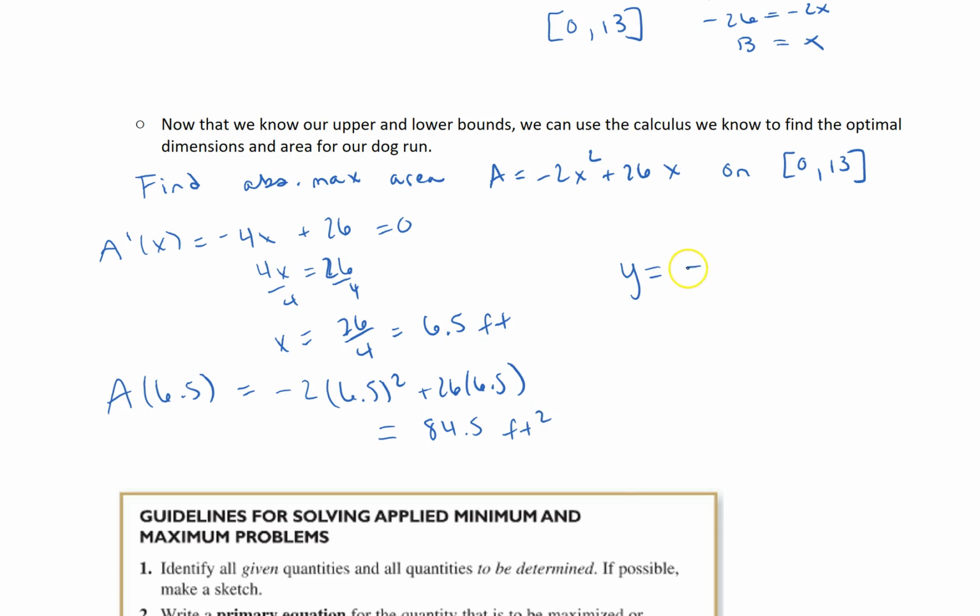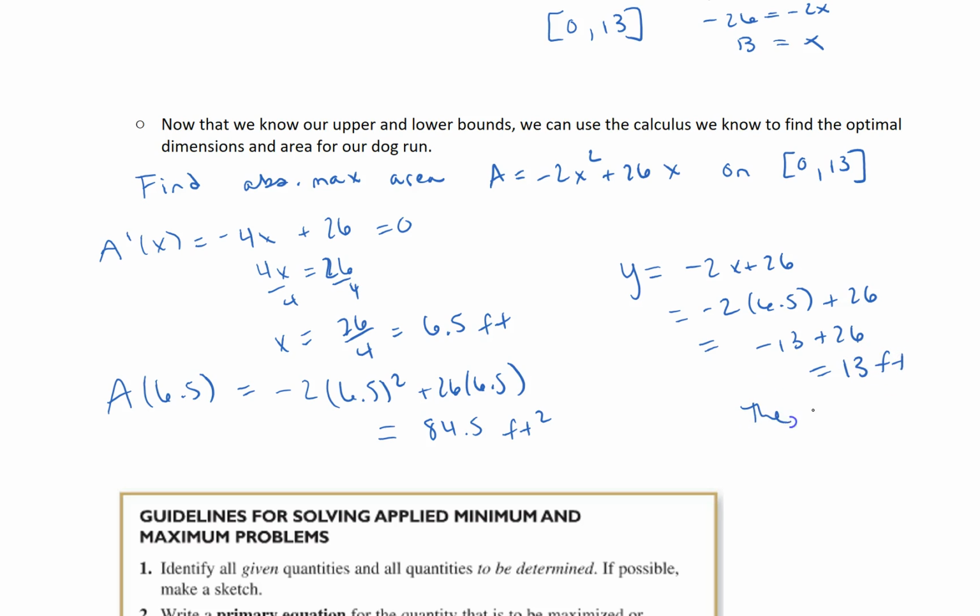So remember, y was negative 2x plus 26, which would be negative 2 times 6.5 plus 26, or negative 13 plus 26, which is 13 feet.